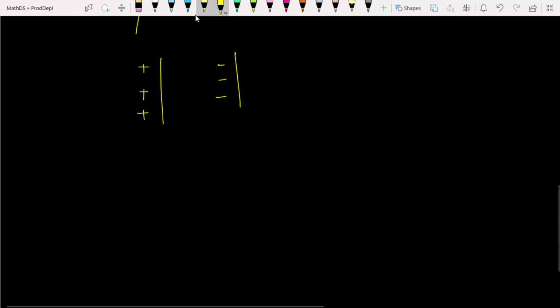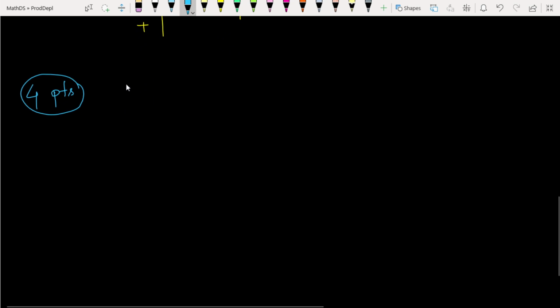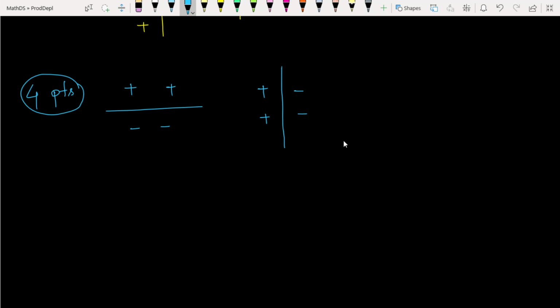Now let's see four points. If we consider four points, what happens in such scenarios? If we have this type of points, yes, it is possible to separate them. This type is also possible, but the problem occurs here.